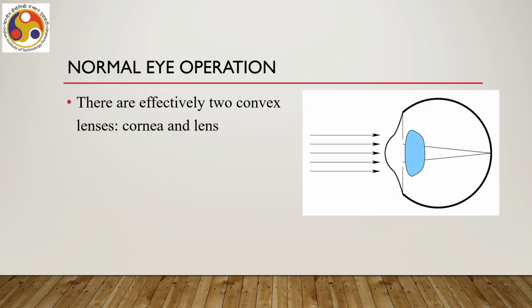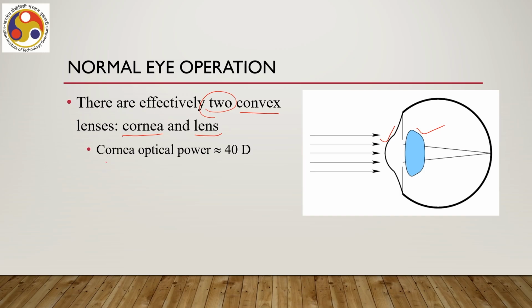But in case of our eyes, there are effectively 2 convex lenses, the cornea and the lens. Both the cornea can be considered as a type of lens, and the lens is of course a lens. Then we have to combine their diopters to see whether it matches the required 40D power of the lens.